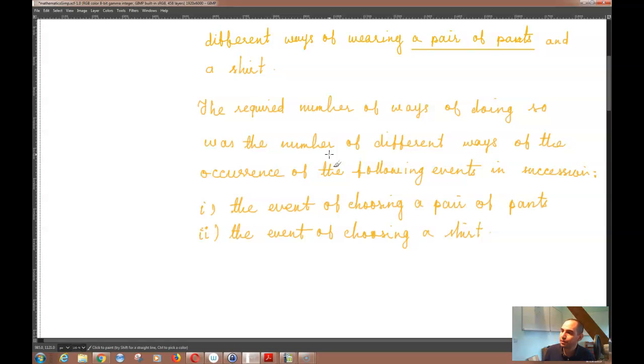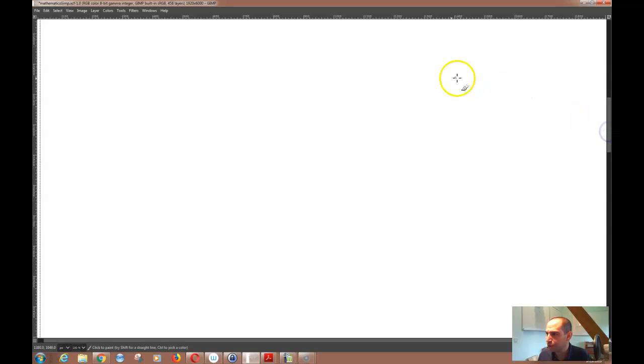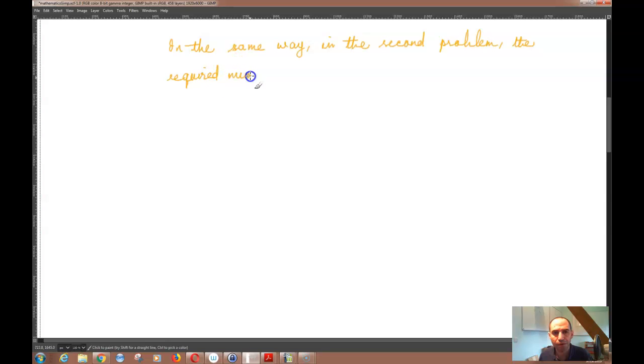Now in the second example, the required number of ways was the number of different ways of occurrence of the following events in succession.